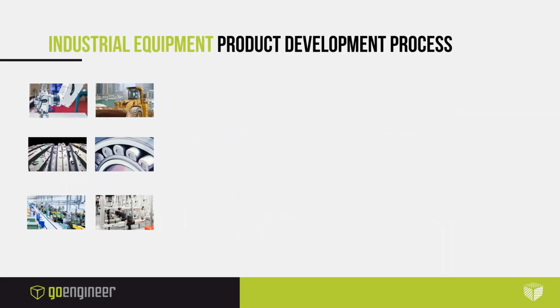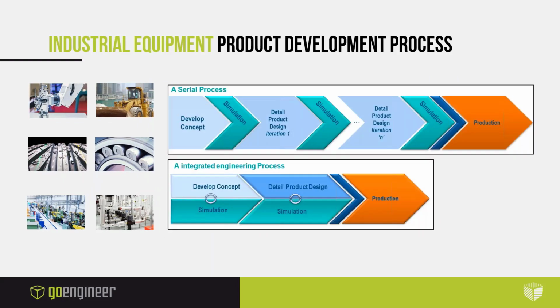To that end, this industry tends to be one of the largest adopters of simulation, and they have a couple of processes for how they've implemented simulation in their product development process. A very common process is a serial process where one person is developing the concept, and another person is running the simulation. So there's a back and forth between two different design and analysis tools. As a group, they iterate through the design to achieve the final product.